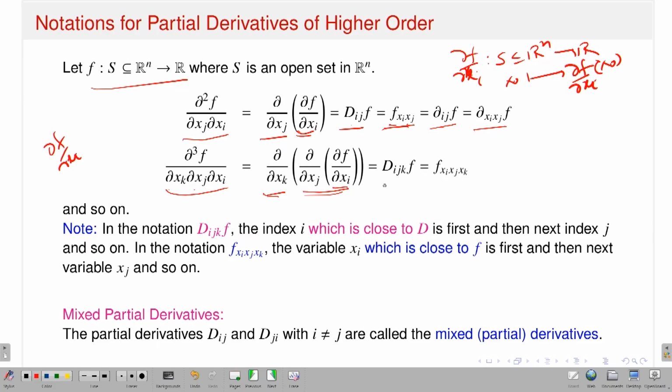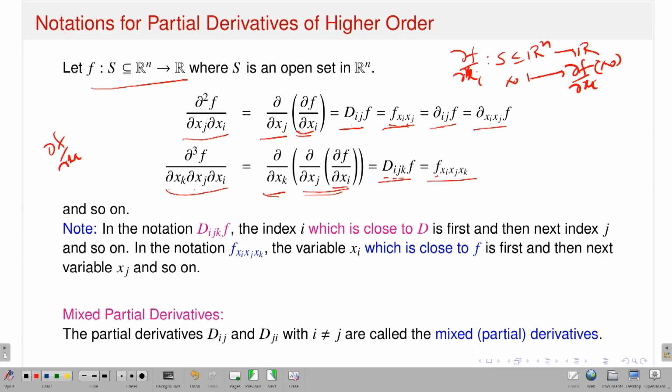If these things happen, then I take the notation Dijk f. The index i is very near to D, which means first you perform the partial derivative of f with respect to the xi variable, then the partial derivative with respect to the xj variable of the function ∂f/∂xi.